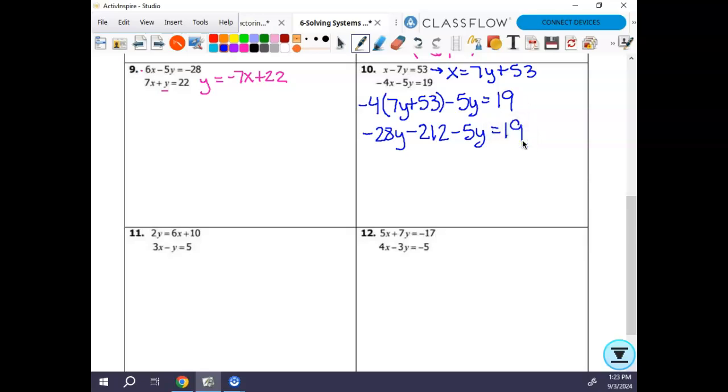So then I have negative 28y minus 5y, which gives me negative 33y. And then I'm going to add the 212 over here. So watch this. 212 plus 20 would be 232, right? But I'm 1 away from 20, so this will actually be 231.